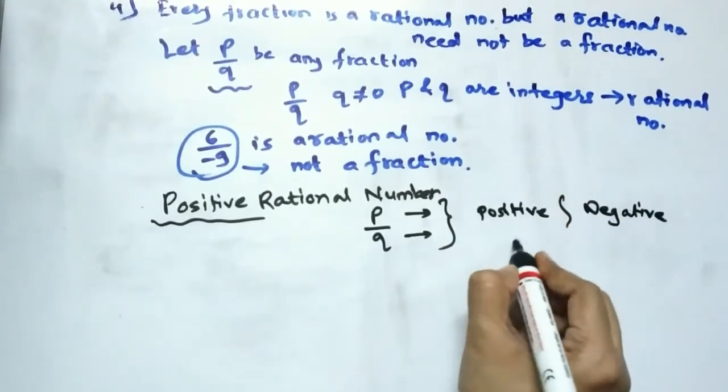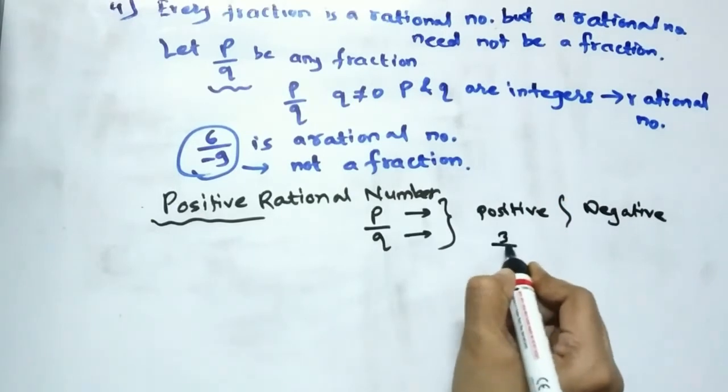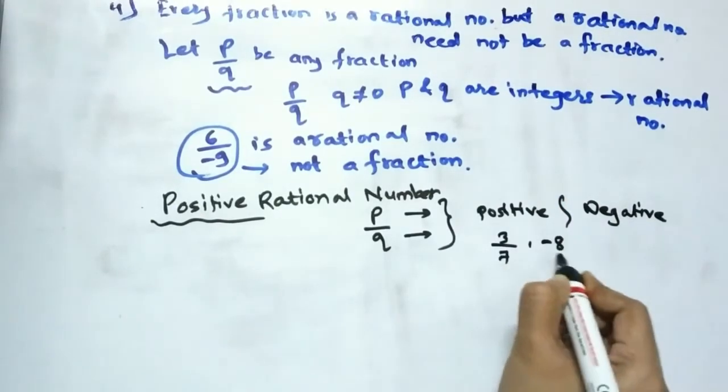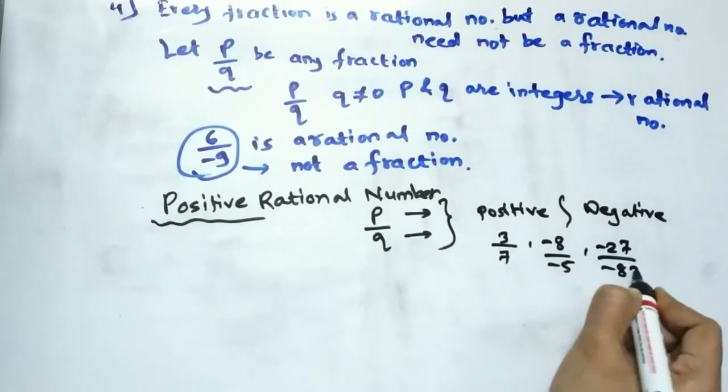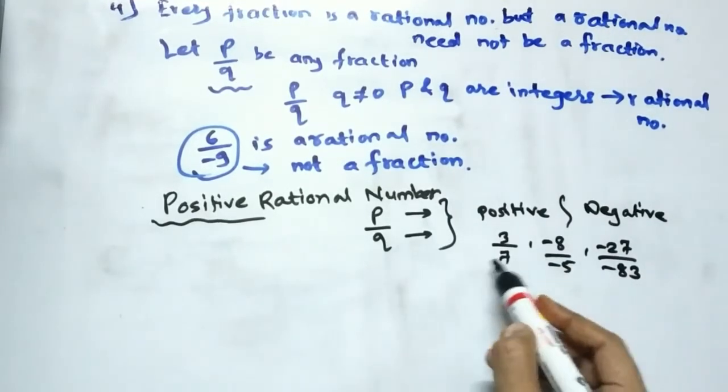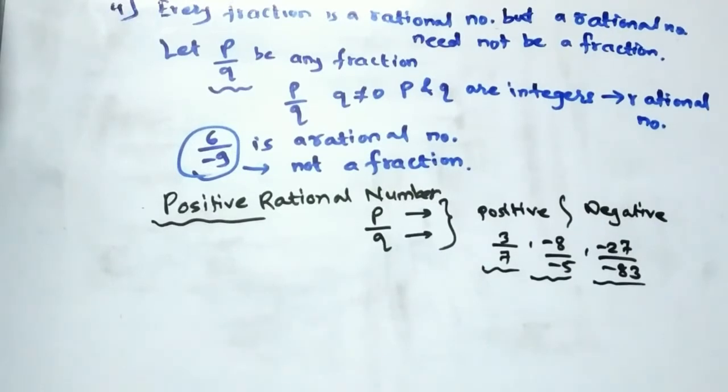For example, 3 by 7, minus 8 by minus 5, minus 27 upon minus 83. Both are positive or both are negative, then you can call them a positive rational number.